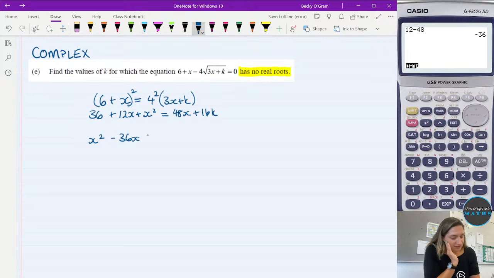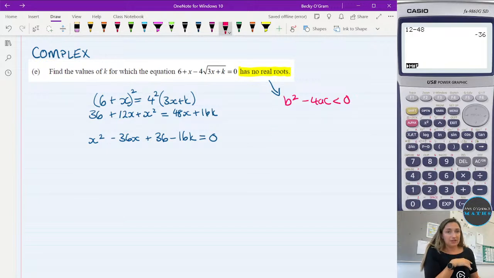Then we have the 16k. That's going to come over to the left-hand side. So this will be plus 36 minus 16k, like so. Now, for there to be no real roots, this means that the discriminant, b squared minus 4ac, has to be less than 0.